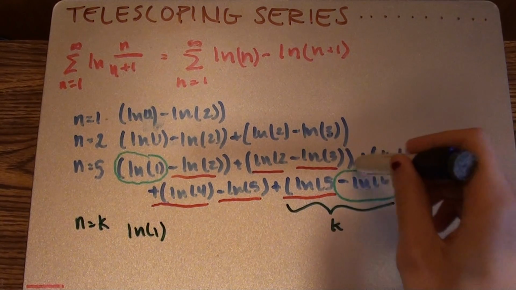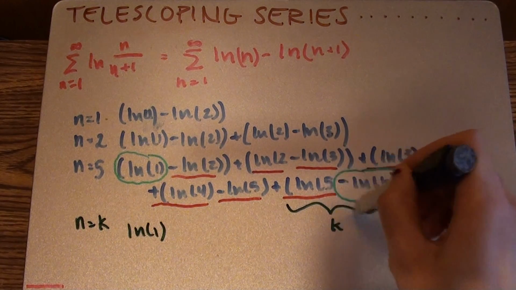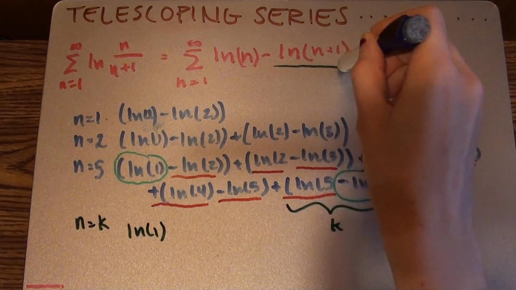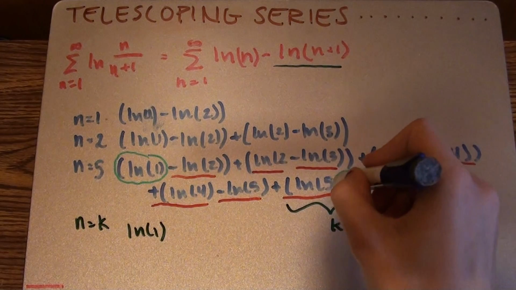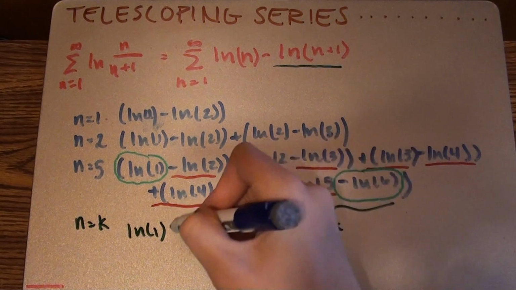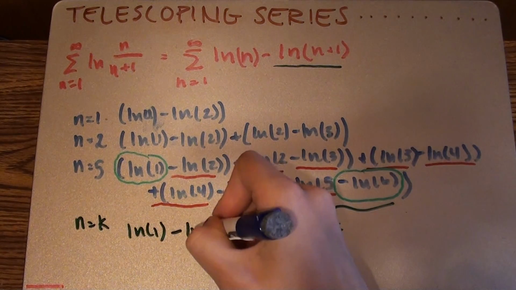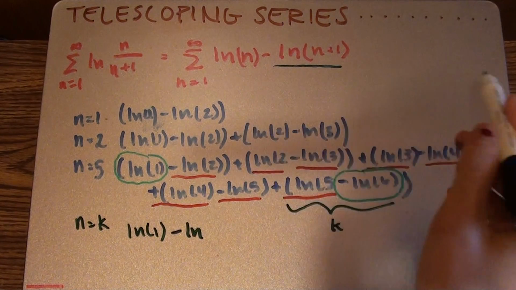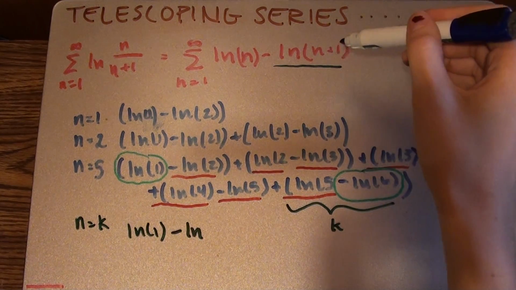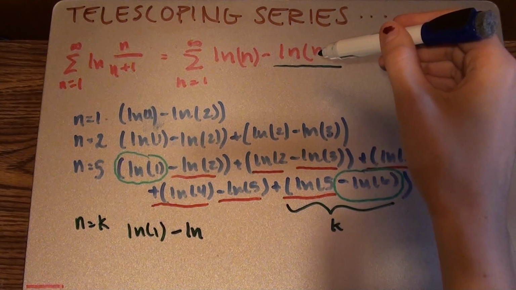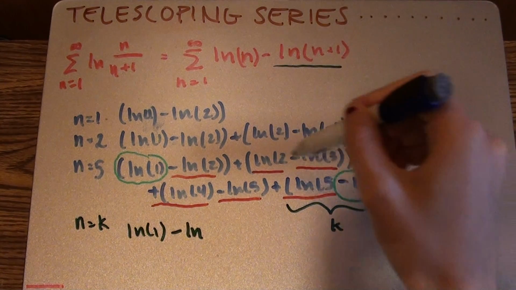Within our kth term, this second part here is what's left. Onto the first term, we're going to subtract, because it's negative, the ln of k plus 1.